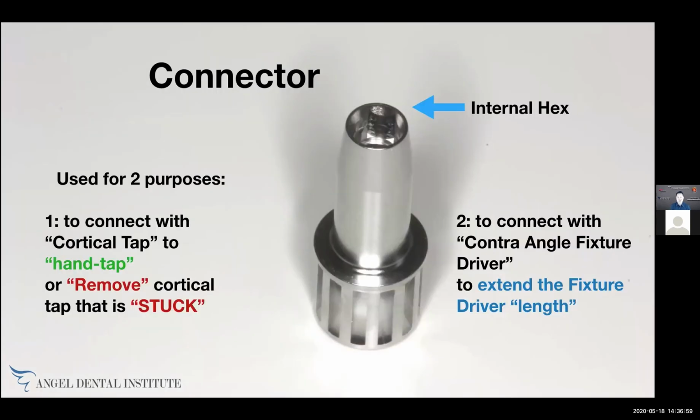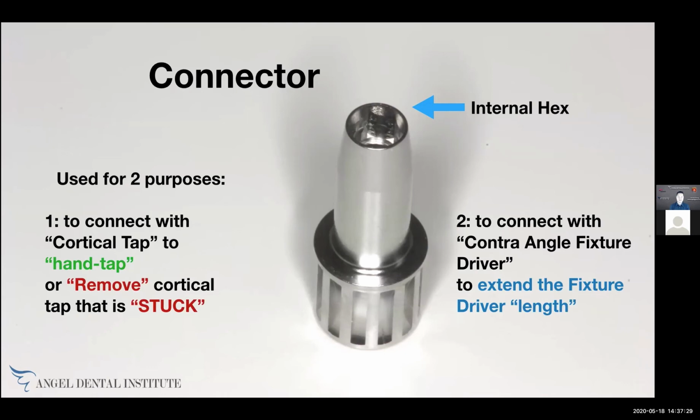Okay. The connector, it has an internal hex. The main two uses for this: one is to connect with the cortical tap to hand tap or remove a cortical tap that is stuck. Okay, this happens when you're using the engine to cortical tap and you forget to change the RPM and it just drives in there sometimes, and then in the lower posterior, it'll just get stuck.